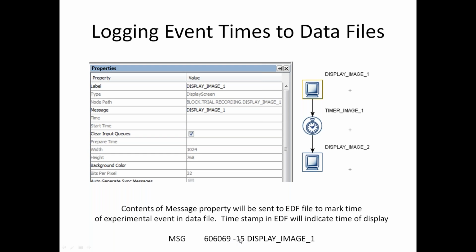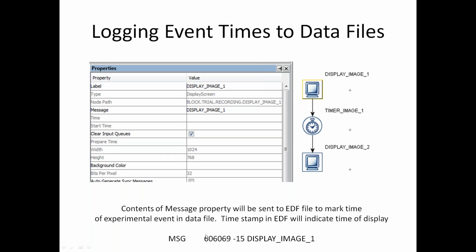When you open the EDF file in Data Viewer, this offset value will be subtracted from this timestamp so that Data Viewer can properly reflect the times when these things actually occurred during the experiment.